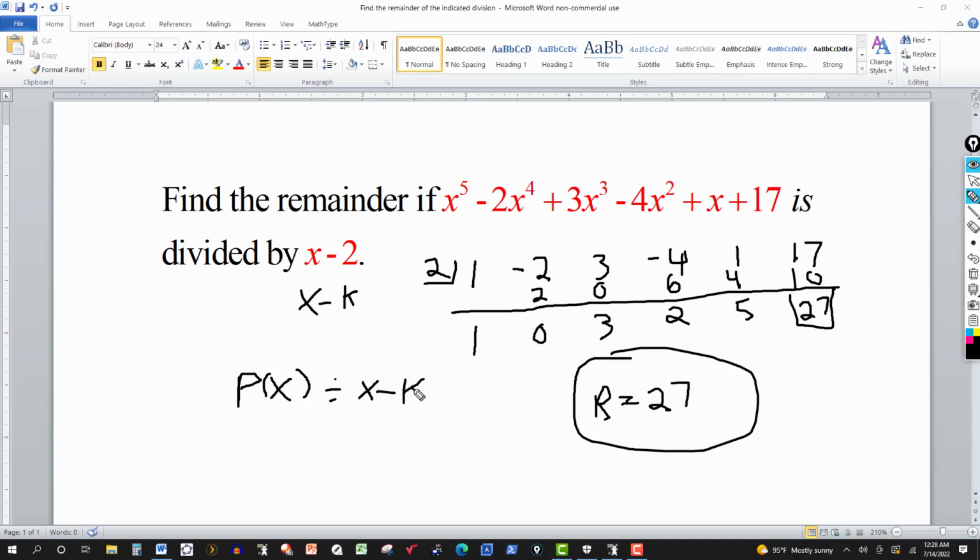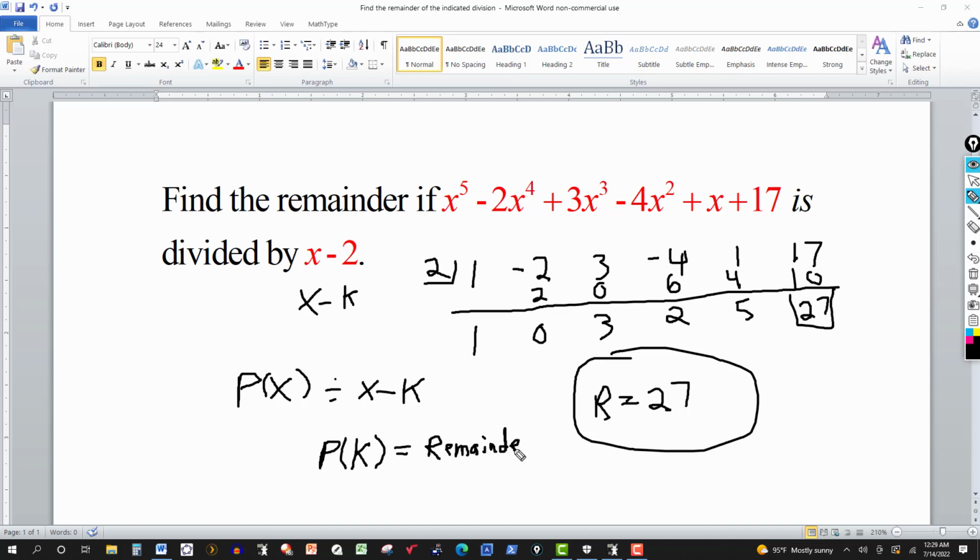and say this polynomial is divided by a factor of the form x minus k, which in this case is this polynomial divided by x minus 2. So the theorem tells you if the polynomial p of x is divided by x minus k, then p of k, if you evaluate the polynomial at whatever k is, is going to give you the remainder.